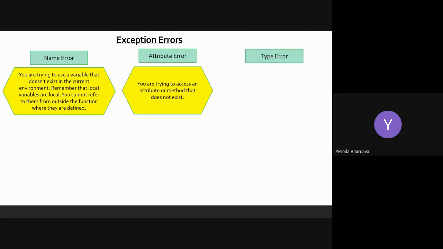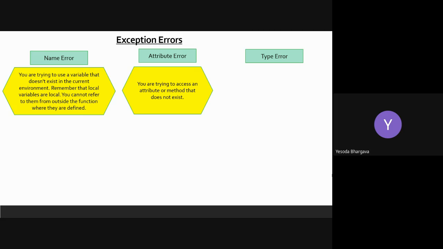What about type error? So these are the most common types of runtime errors you will notice. What about the type error? Different variable types. We are putting a number in a string variable. Yes, definitely.